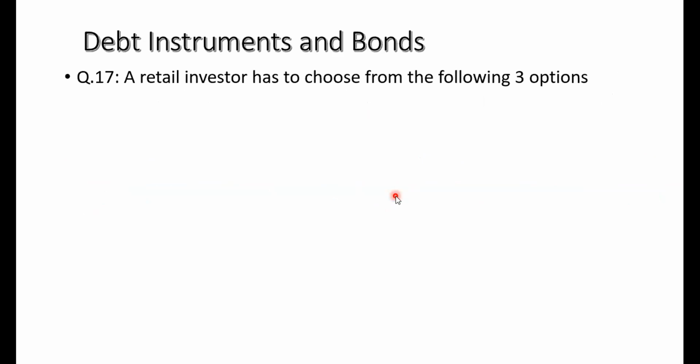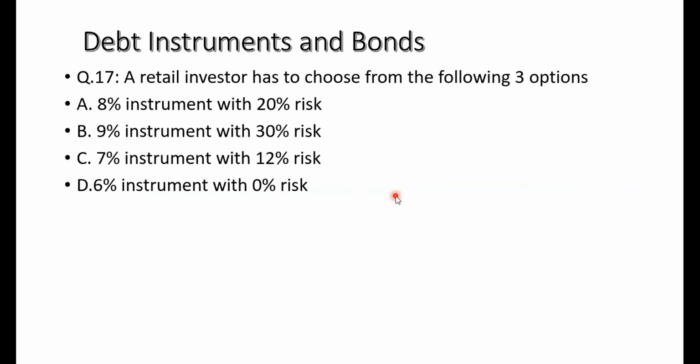Now question 17. A similar question we have given maybe in risk management, now I am changing the question. A retail investor has to choose from the following options. Not 3, I have given 4 options. Which one should he select? That is the question.